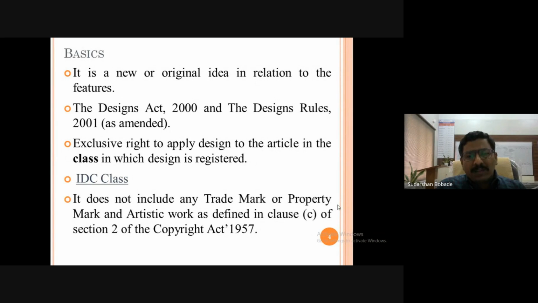And for this particular reason, nowadays in the design patent category, as per the Designs Act 2000 and the Designs Rules 2001, which were amended in 2001, there is a different definition for different parameters. And that's why it is discriminated from the routine conventional process patent.